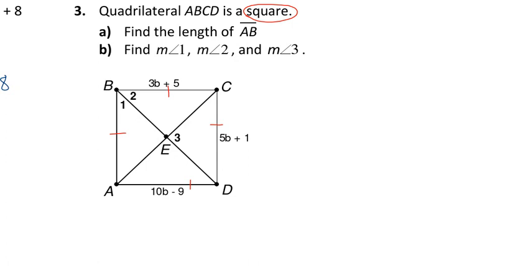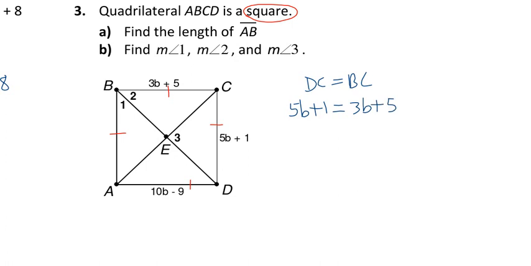So we can actually use any of these 2 sides. I'm going to be using DC equal to BC. DC equal to BC. That makes 5V plus 1 equal to 3V plus 5.